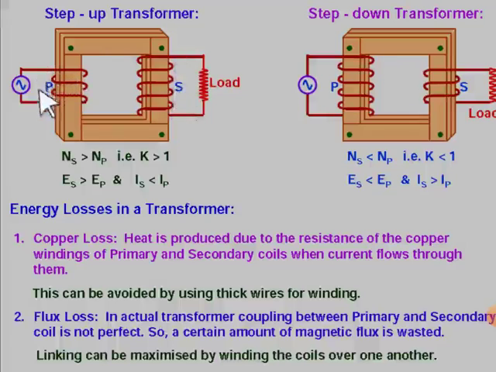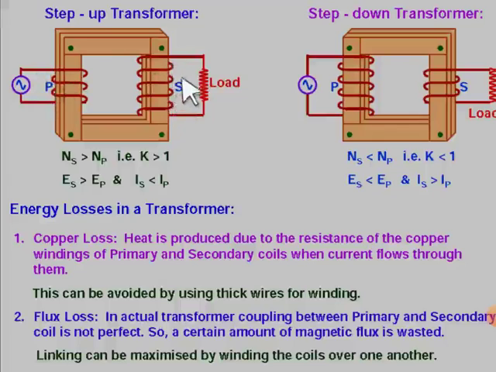Input is of low voltage, output is of high voltage. This increase in the voltage is at the cost of the current. If the output voltage is high, then output current will be low. Got it? So as to have constant power, the product of the potential and the current here will be also the product of the current and the voltage there.